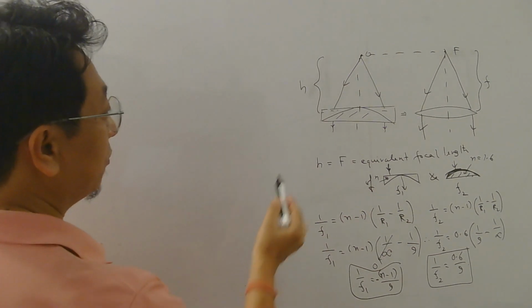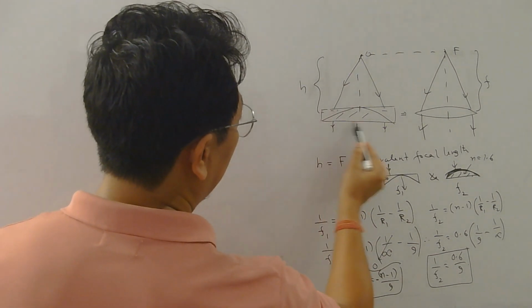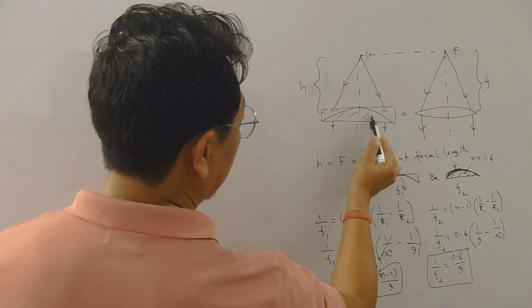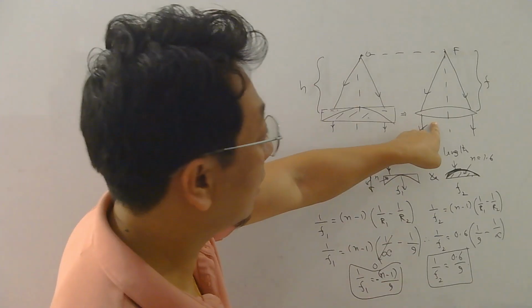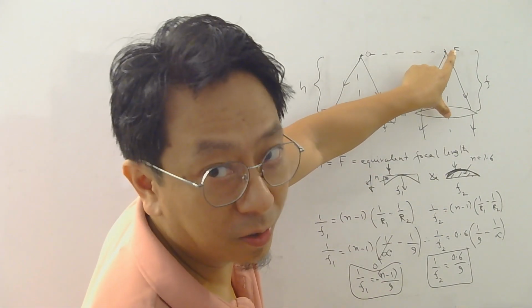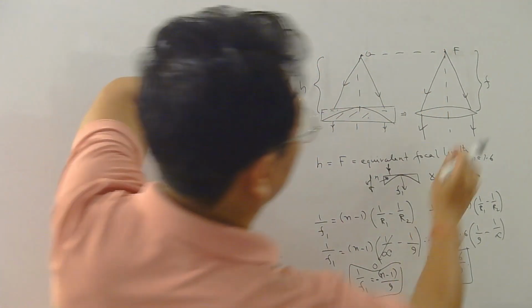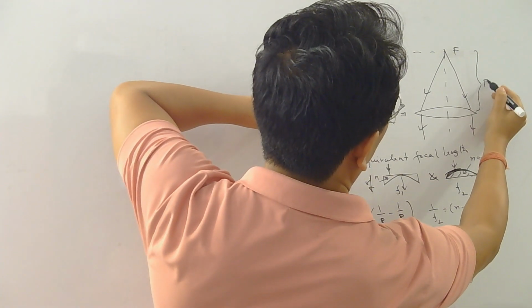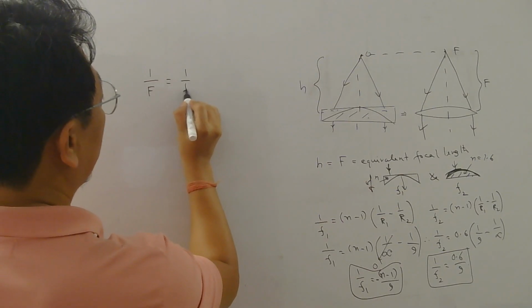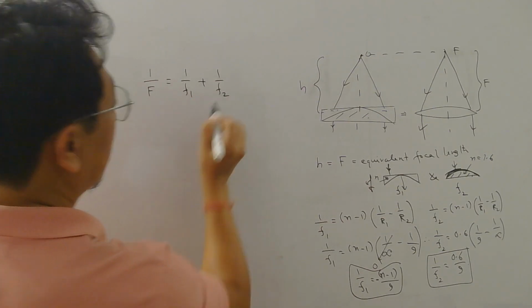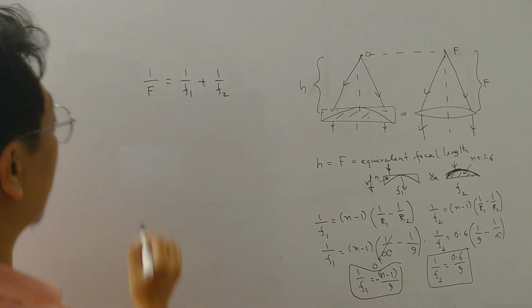Now, I already proved to you that the equivalent focal length of these two, liquid and glass lens together, should be like a convex lens whose equivalent focal length is the same as this h. This is capital F, okay, equivalent focal length. So 1 by equivalent focal length is 1 by f1 plus 1 by f2 for two lenses in contact.